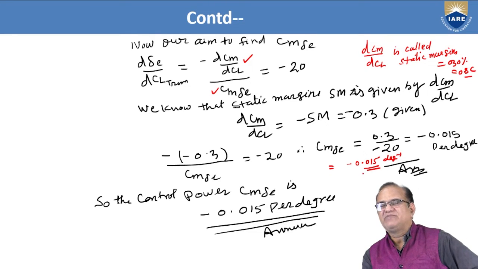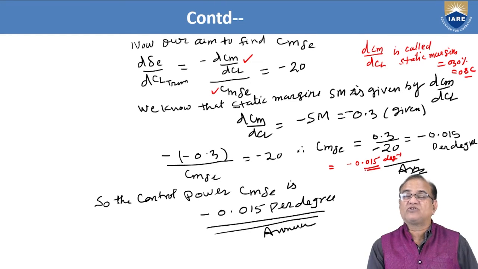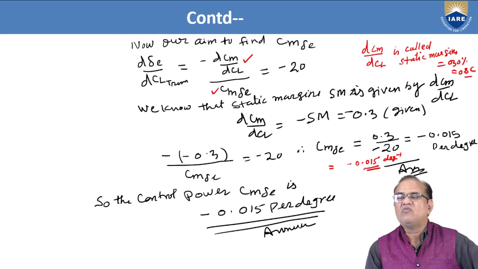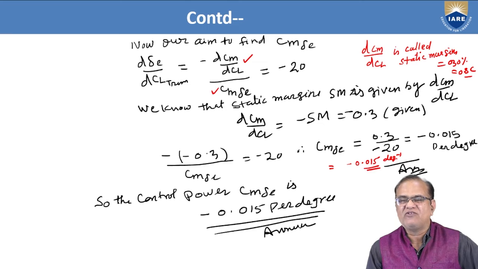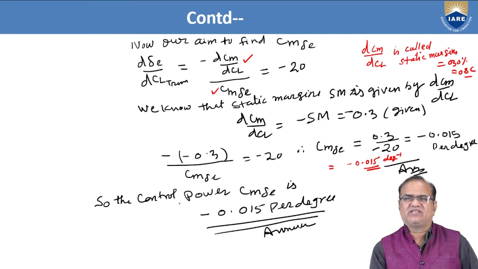Cm delta E means the control power, which question 1 is asking: how much is the control power of this aircraft. So we can say that the Cm delta E of this aircraft is minus 0.015 per degree. So we got the answer for the elevator control power. Minus means what?